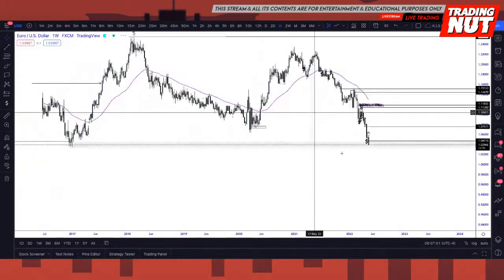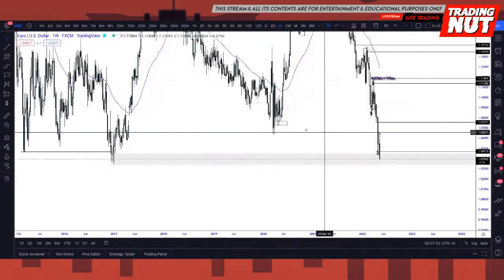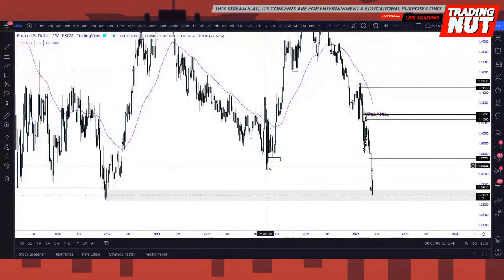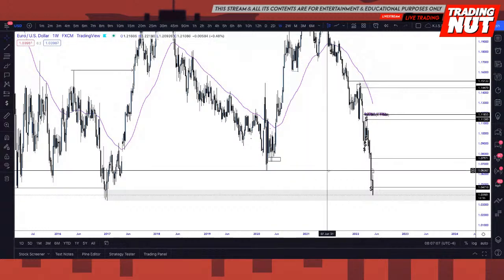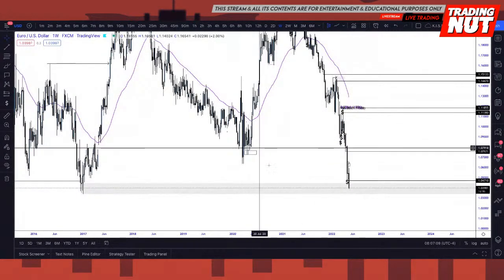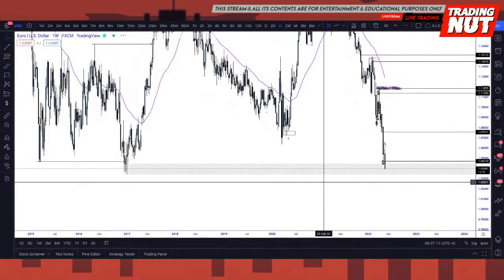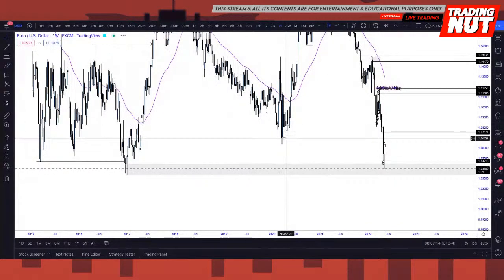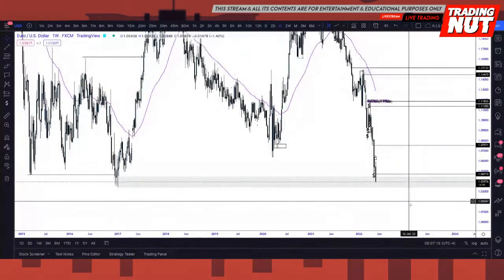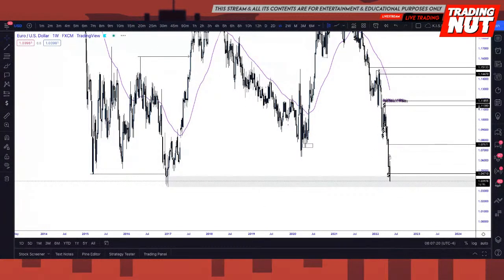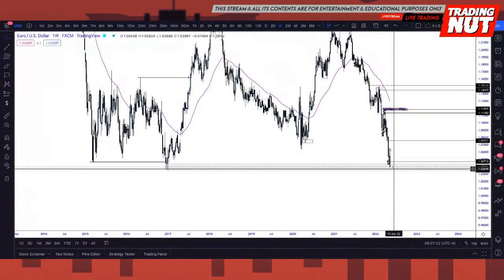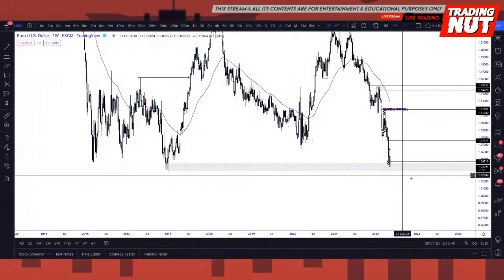So for me, I wasn't looking at this as, okay, if we break this we're breaking structure, because this to me was not valid structure. Now, having run this low, trading into our last point of return here, I do believe we could see some type of reversal coming into effect relatively soon.